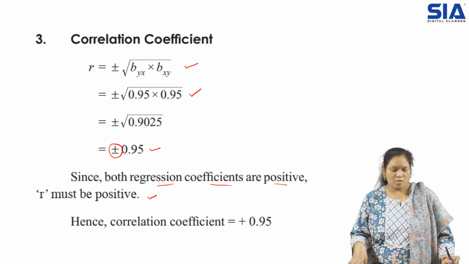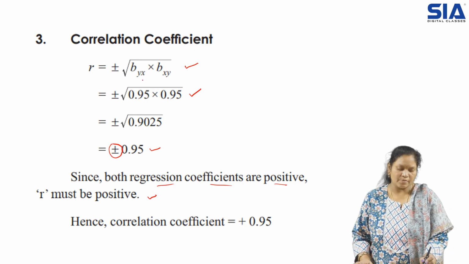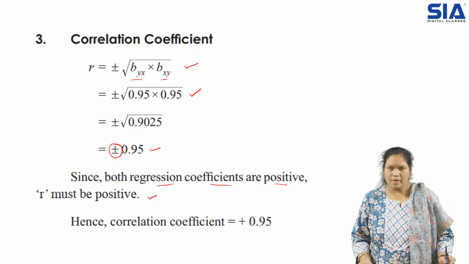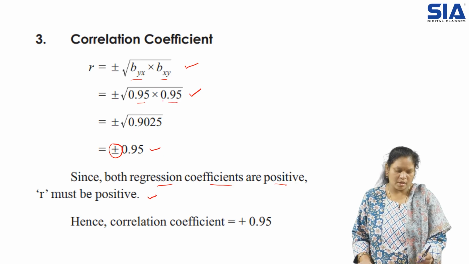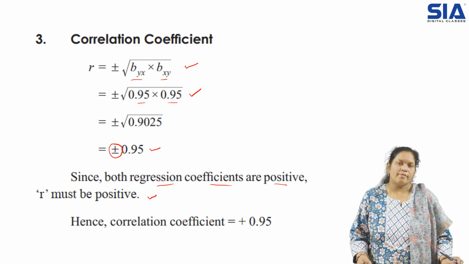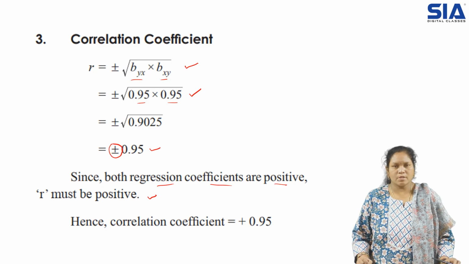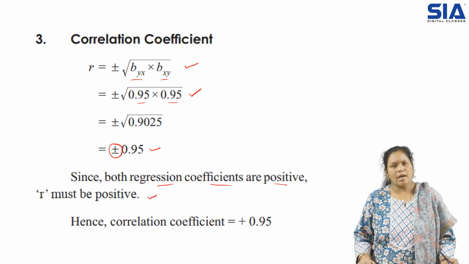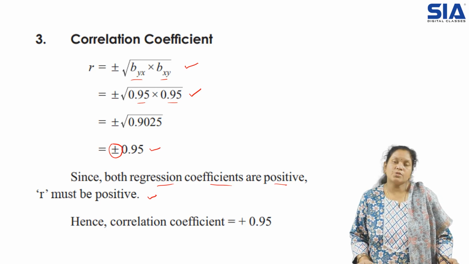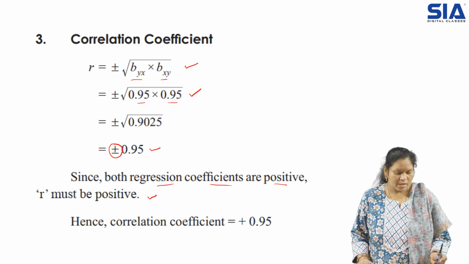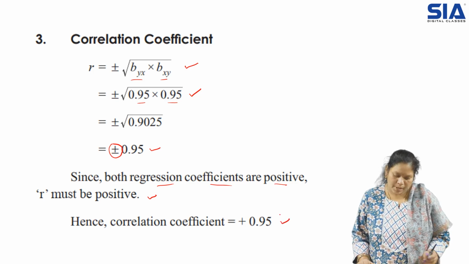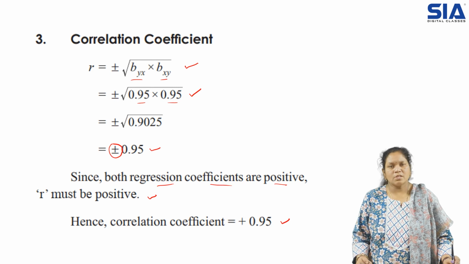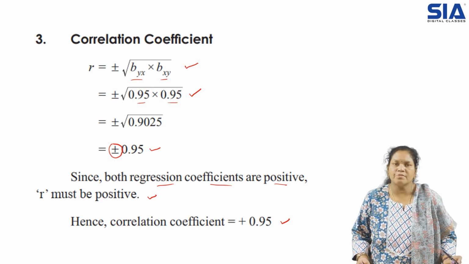So regression coefficients means byx and bxy. Those are already positive values, right? 0.95, 0.95. Those are positive values. So obviously its answer will also be positive. So the correlation coefficient r is positive here. That's the reason they have mentioned here. So hence the correlation coefficient is plus 0.95. So in this way we will obtain the correlation coefficients also.